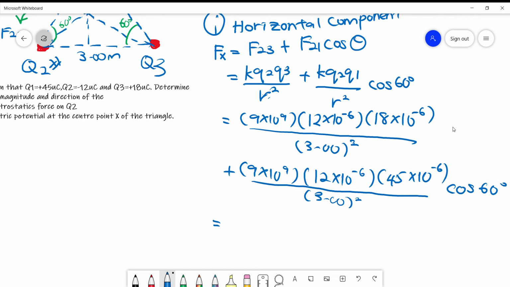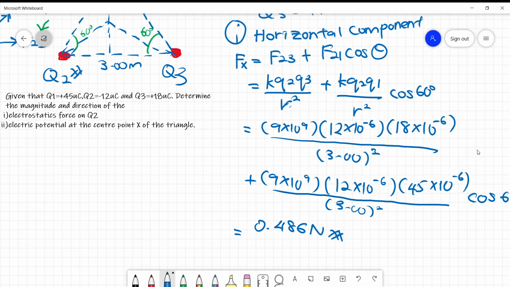So this will be 0.486 newtons. So this is the horizontal force of the resultant force.